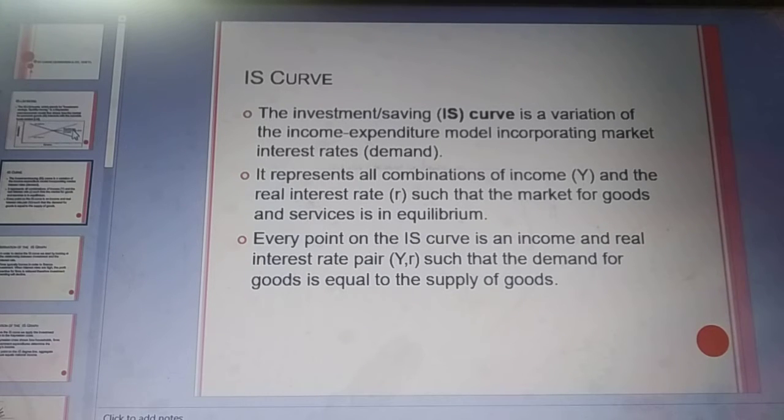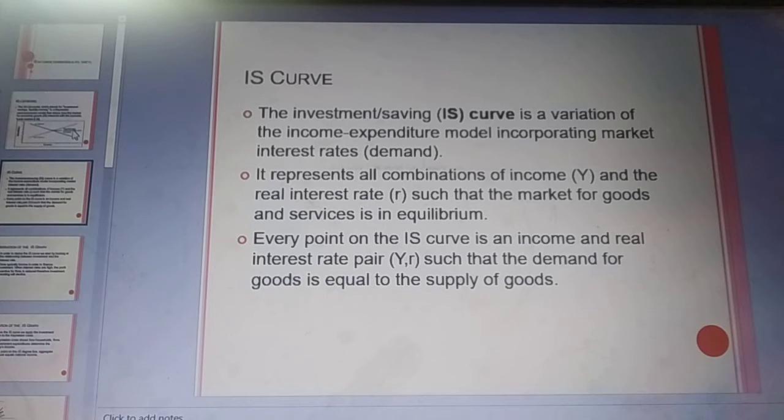So let's talk about the IS curve. The IS curve is basically the investment and saving curve, and it's a variation of the income and expenditure model incorporating market interest rates, that is the demand. It represents all the combinations of the income and the real interest rate, so that you can find the point of equilibrium between investment and savings.